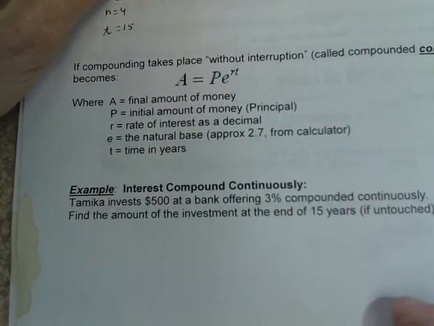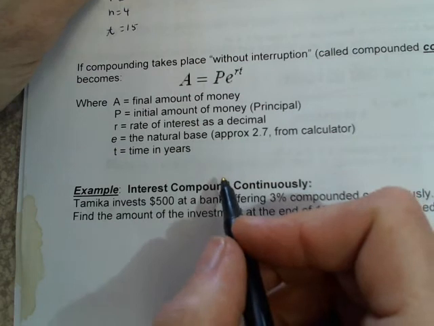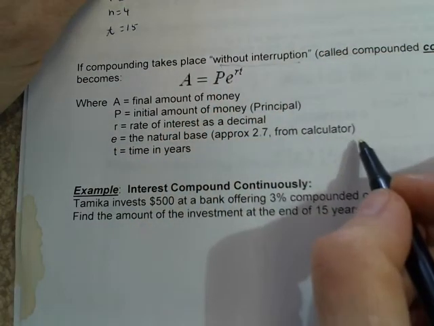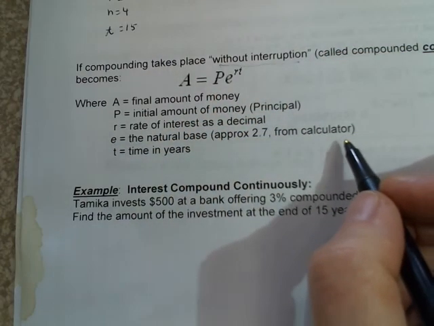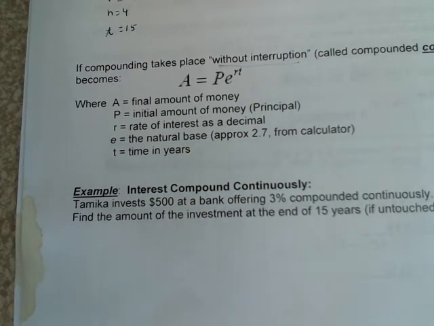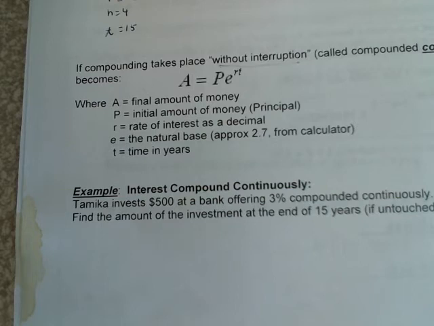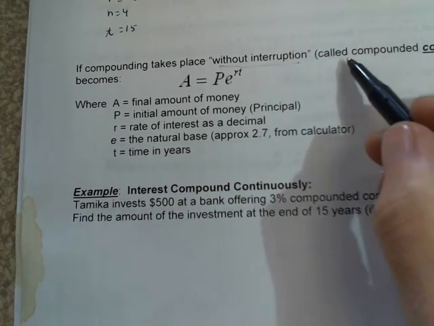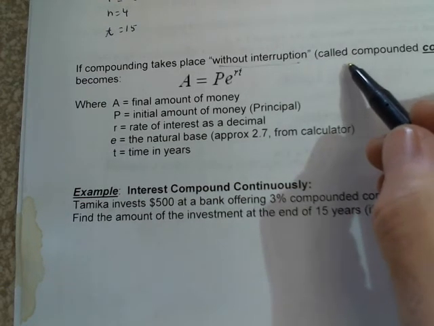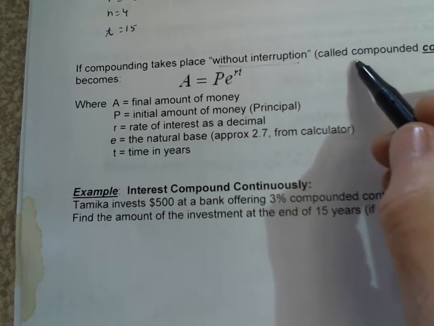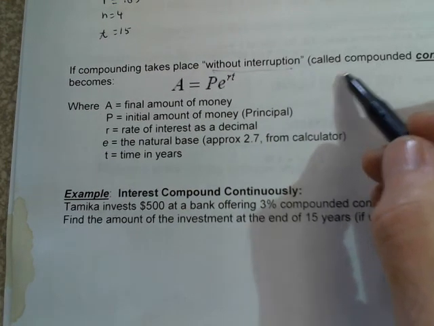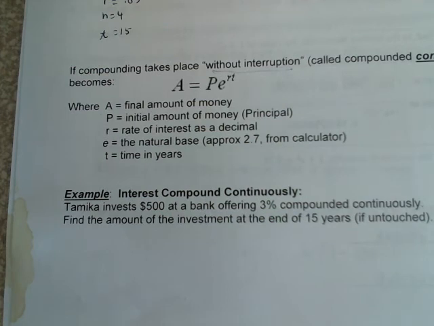Sometimes banks will offer interest without interruption, which means the banks will give you interest every nanosecond of every day without interruption, which means N is kind of like infinity. An infinite number of times it will give you interest. This is called compounded continuously.